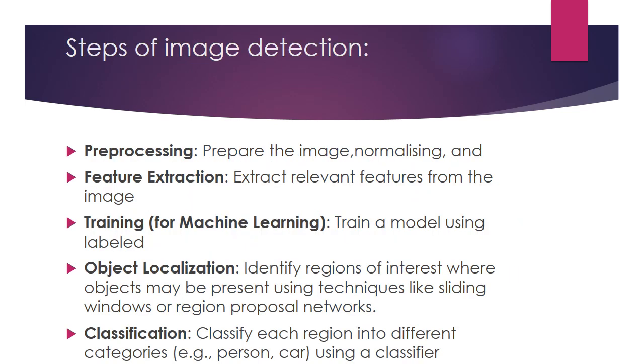Steps for edge detection. Step number 1 is pre-processing, whereby an image is prepared and normalized, depending on the desired format. Then we have feature extraction, which is all about extracting important features, such as corners and edges, from an image.